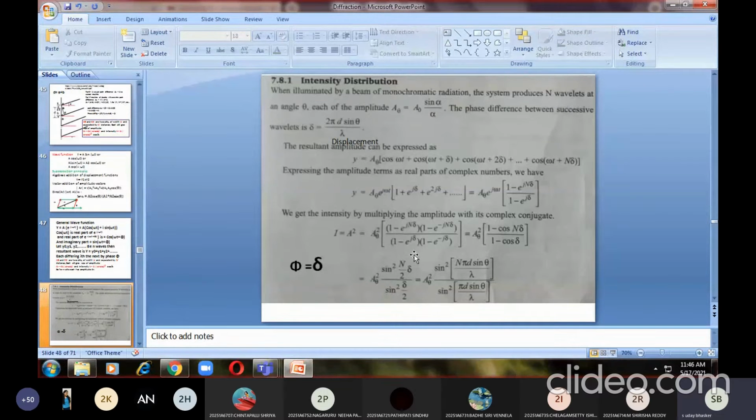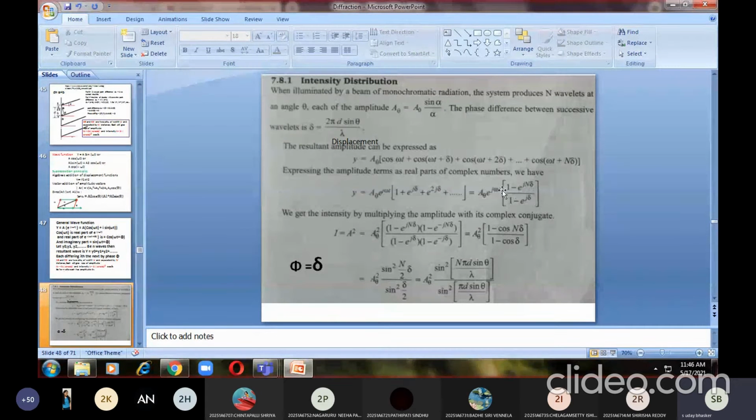So if you want to convert the complex part to the real part, you have to multiply it with its complex conjugate. So I is equal to A square, multiplying the amplitude part with its complex conjugate. A naught is as such, a naught square, and (1 minus e to the power of i n delta) by (1 minus e to the power of i delta).